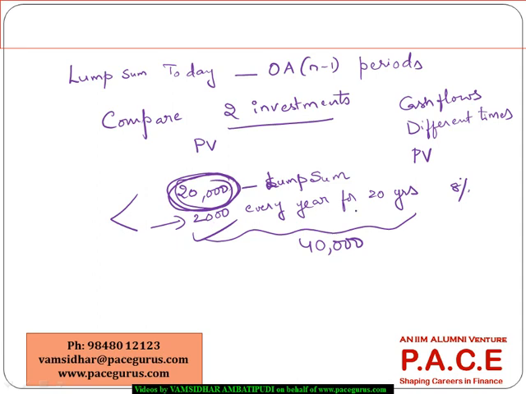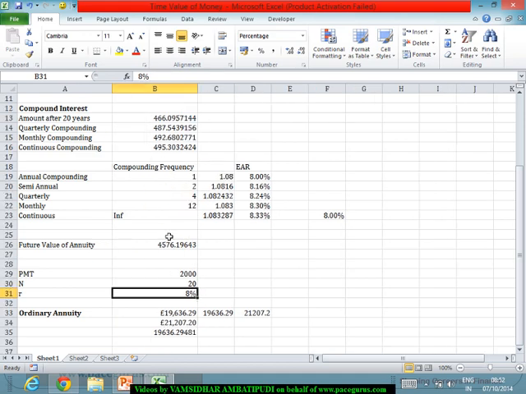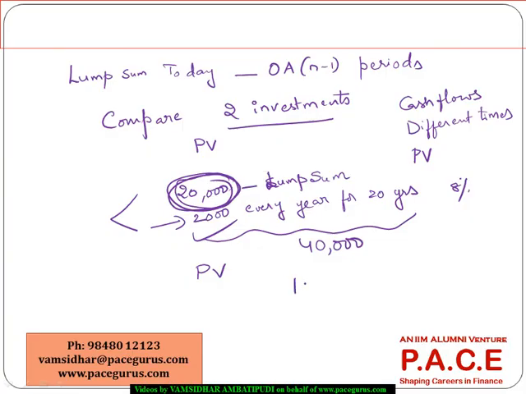If these are different amounts, why not look at the present value of this entire investment? So I am getting 2,000 every year for 20 years at 8%. What we are seeing is the present value of the ordinary annuity is just 19,636.